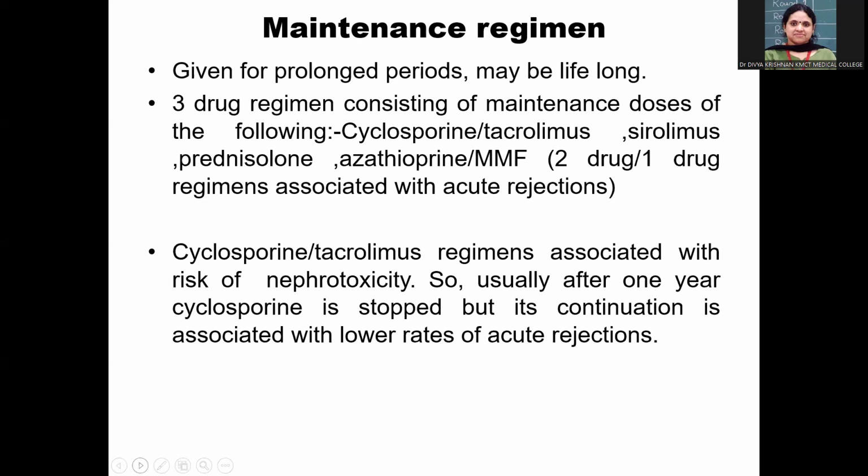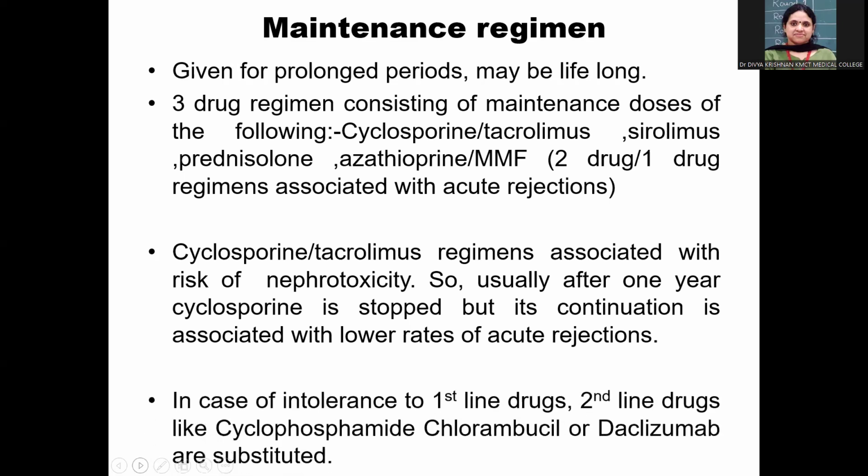So the decision of whether to continue cyclosporin or not has to be taken very tactfully, considering the risk and benefit ratio. In case of intolerance to the first-line drugs like the above mentioned, second-line drugs like cyclophosphamide, chlorambucil, or tacrolimus are also substituted.